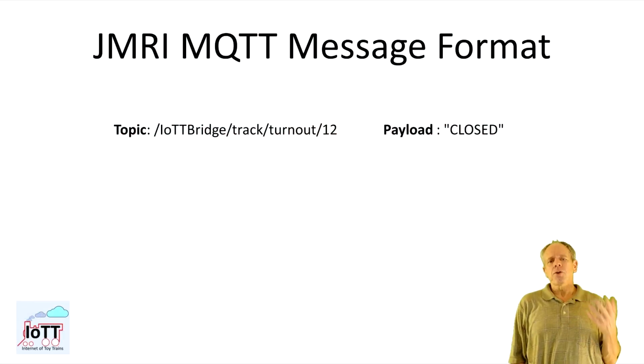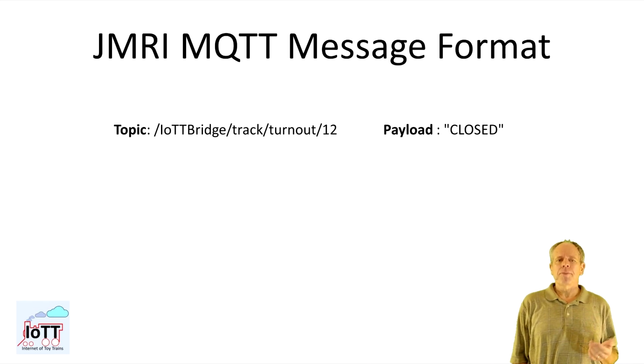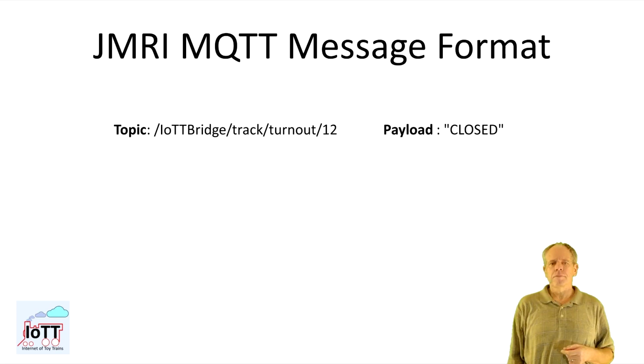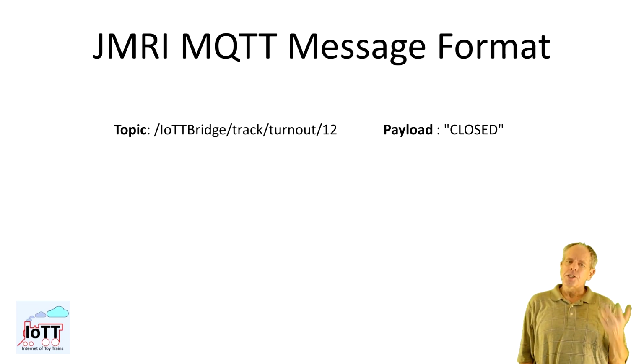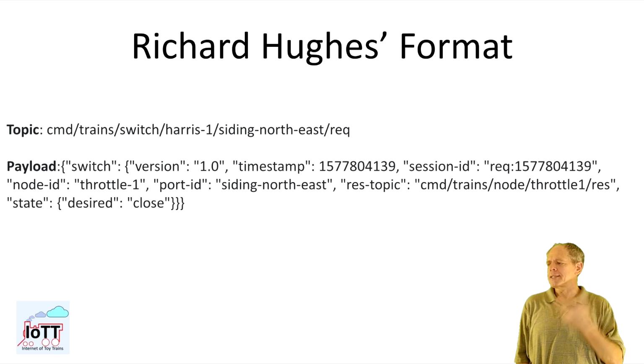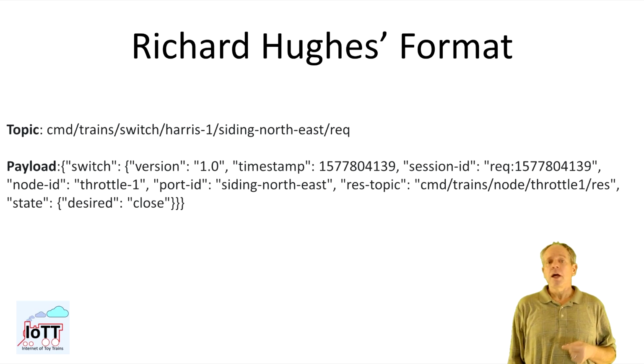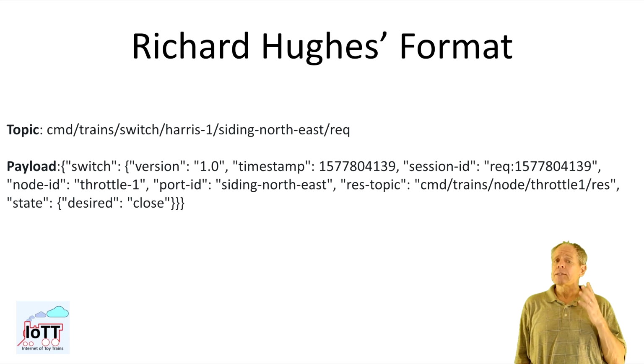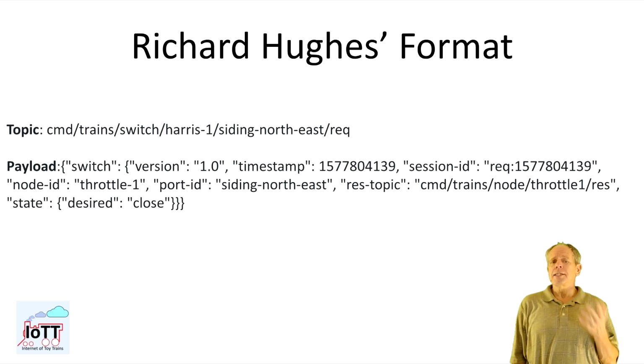If you click Thrown or Closed in Panel Pro, you get the following message. Using Richard's message structure, the same message would look something like this. Note that this example is somewhat theoretical as it is the specification from Richard's GitHub page.